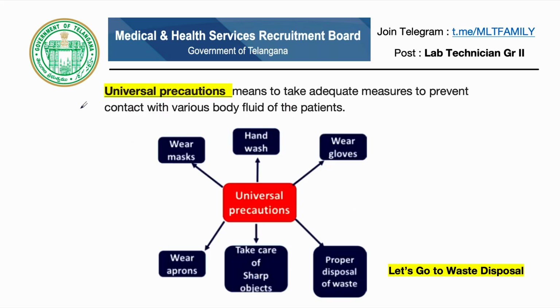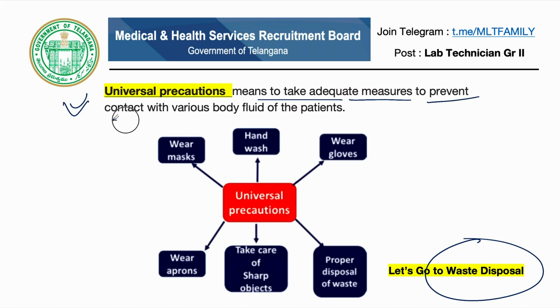Now we come to the part of waste disposal. You have to take universal precautions while handling the waste or working in the lab. Universal precaution means taking adequate measures to prevent contact with various body fluids of the patient. Universal precautions include wearing a mask, washing hands at regular intervals, and wearing gloves.